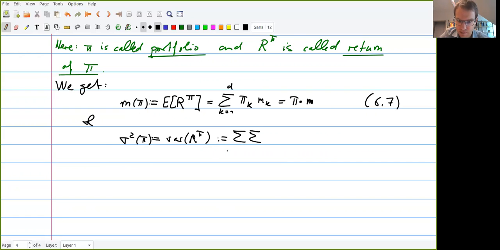So I get here this nice double sum of pi, and then the variance of the returns of the risky assets. Okay, so this is nothing else than I take the transpose of my portfolio multiplied with the matrix capturing the covariances, and then I multiply with pi. Right, that's nice. And here you see actually why I want to have a positive definite matrix.